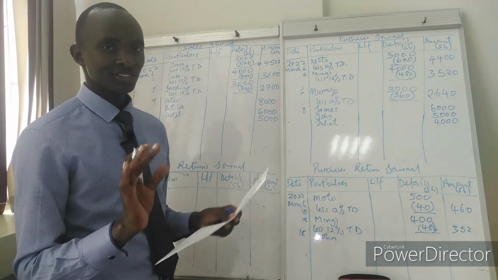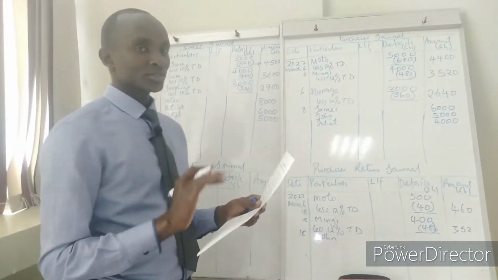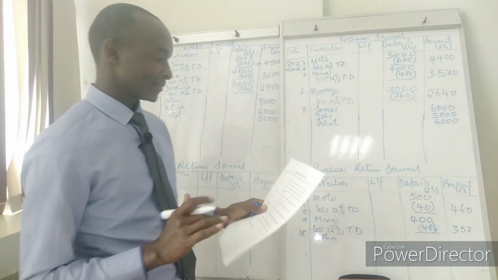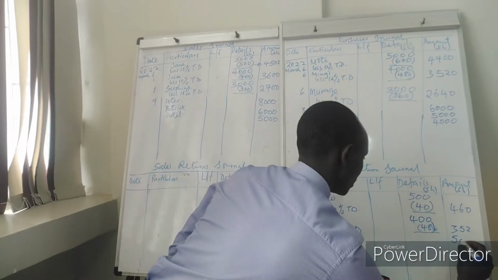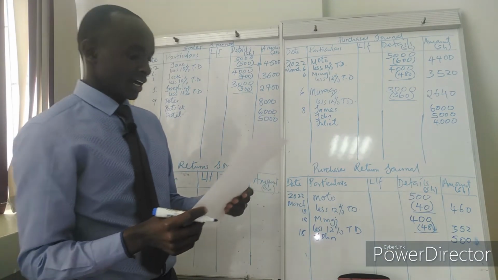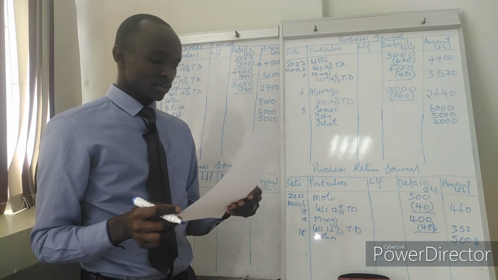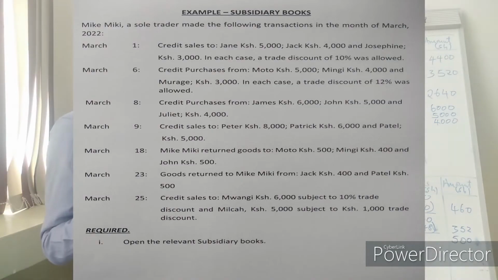So I want to believe you are seeing the difference, isn't it? Where the discount was allowed before and then the goods are returned. Are we together? So you write the figure of 500 on the amount side. Sorry, 500. And then March 23rd, goods returned to Mike Mickey. So these are the people whom Mike Mickey had sold goods to.